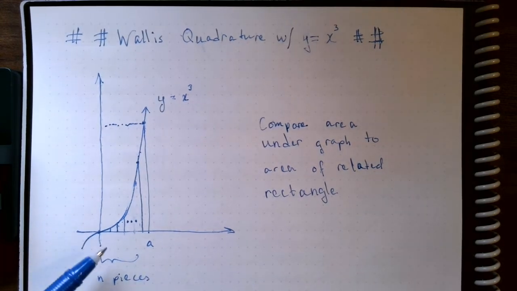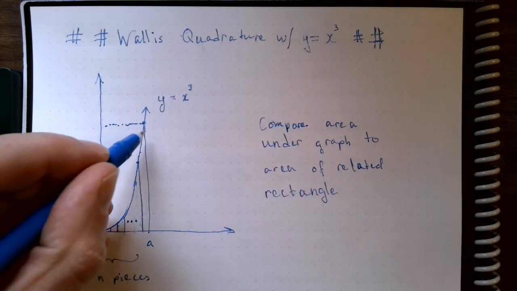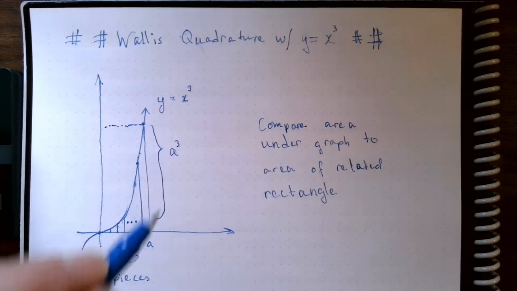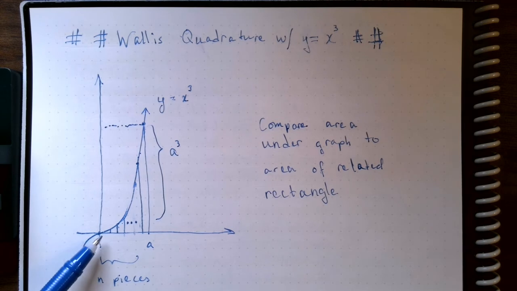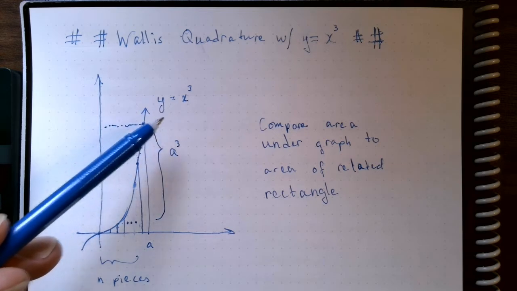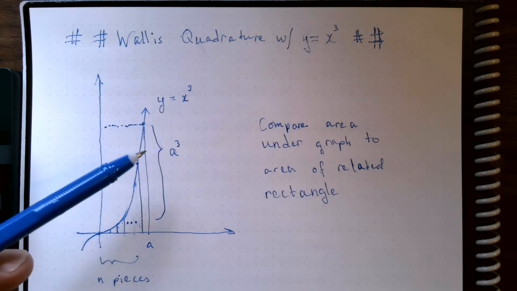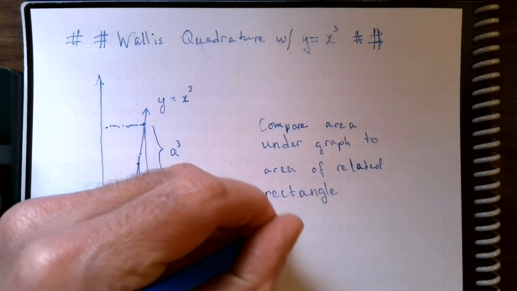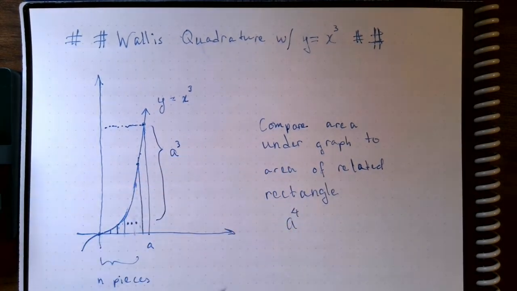Now, in this case, the area of the related rectangle, well, it's not hard to find. If the base is the interval from x equals 0 to x equals a, and we're talking about the curve y equals x cubed, the height over here would be a cubed. So the area would be a to the fourth, the area of the related rectangle.